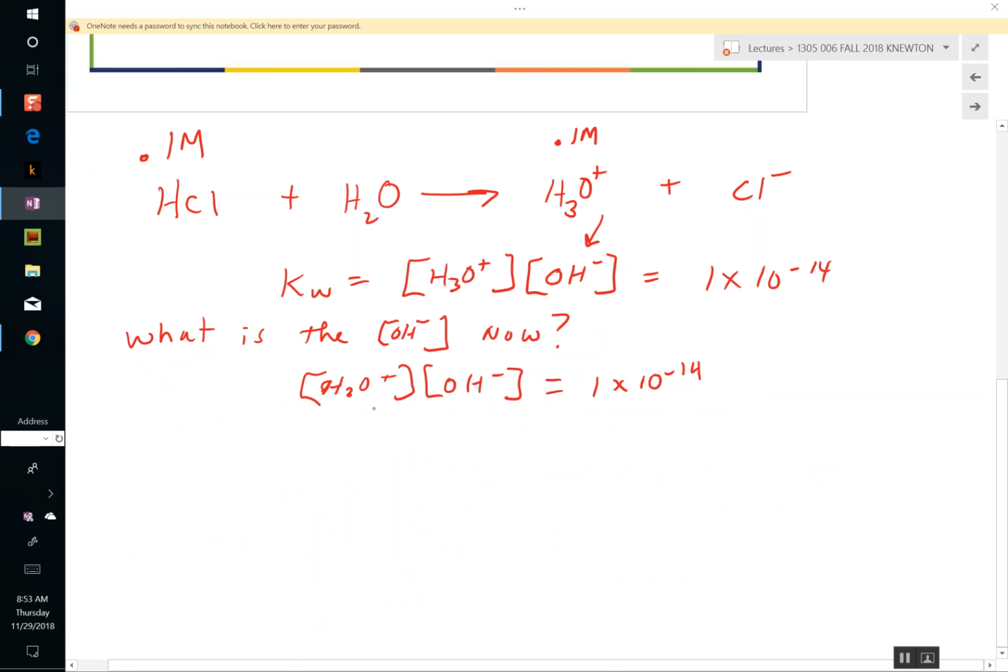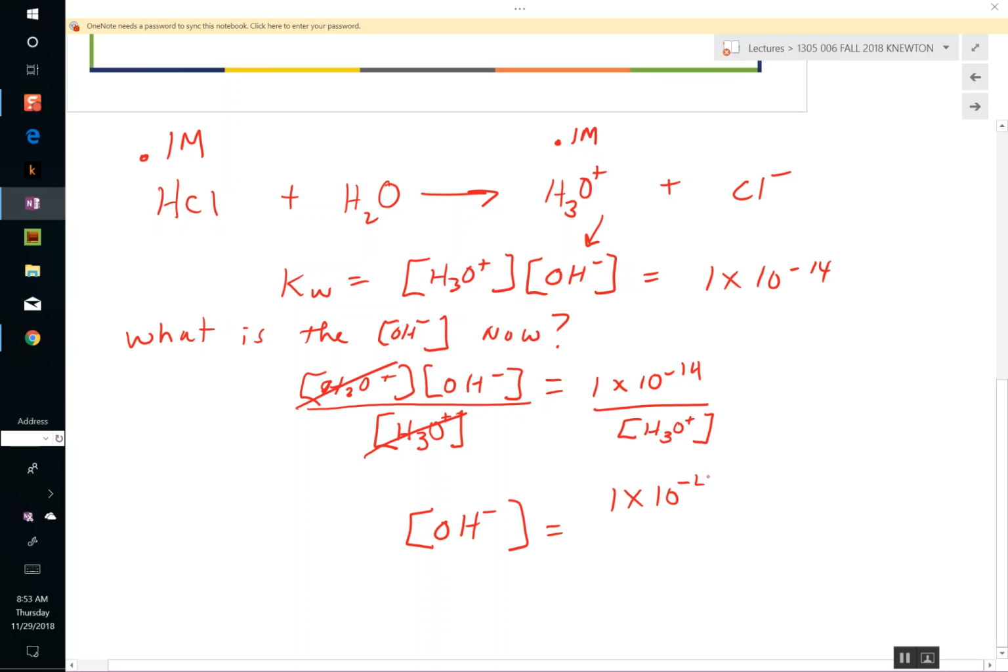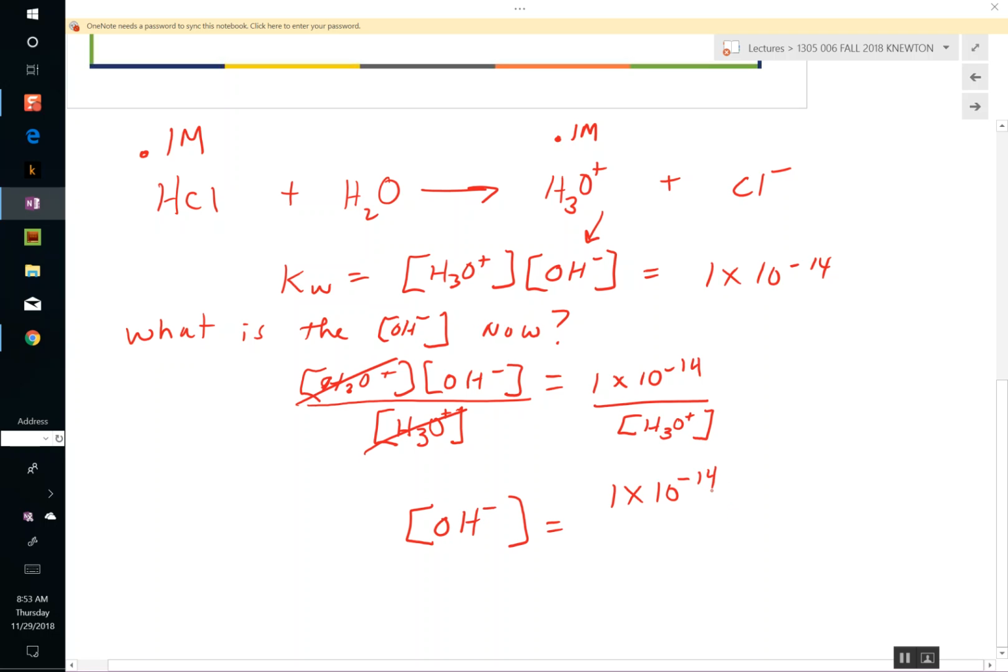I want to know the hydroxide. So remember what we've been learning all semester. Isolate the unknown. Right? So our hydroxide ion concentration is going to equal 1 times 10 to the minus 14th divided by what is our hydronium ion concentration?